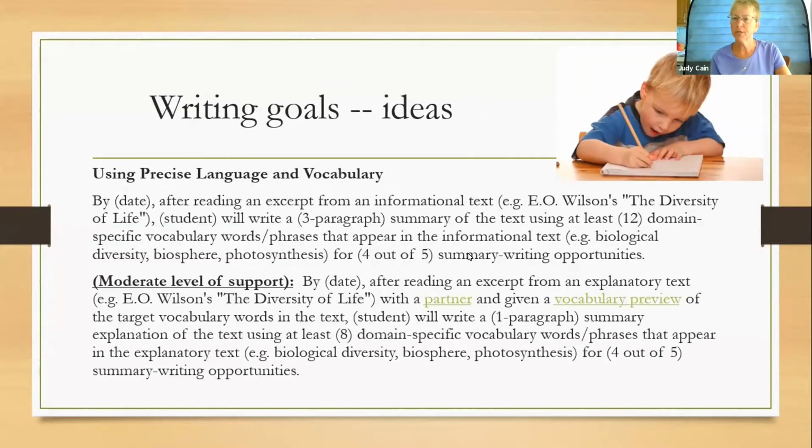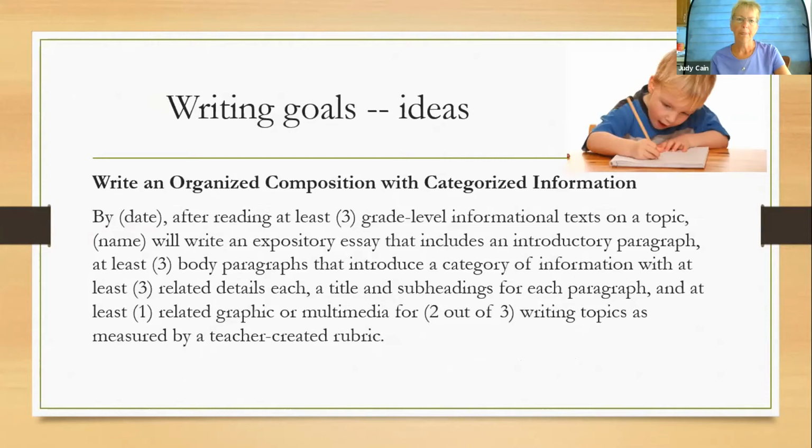Precise language, vocabulary, and the one thing, if you have access to Goal Book, is they have the general goal, and then they have, if the student needs a little bit more support for moderate level, or if they need a lot of support, then it's explained a little bit differently with a lot more assistive instruction that the teacher would do. Right, an organized composition.